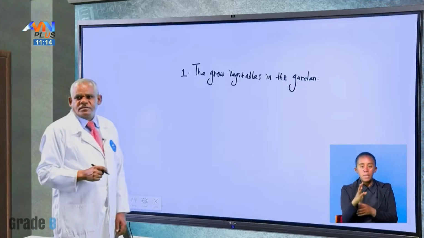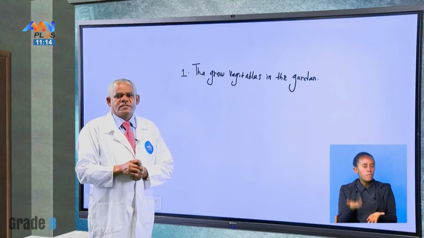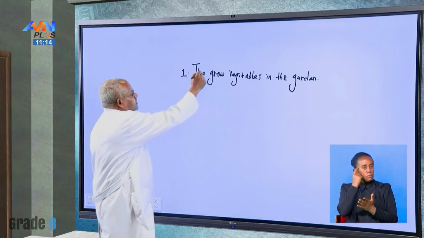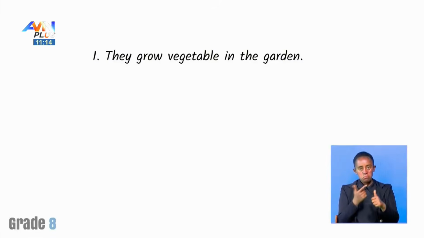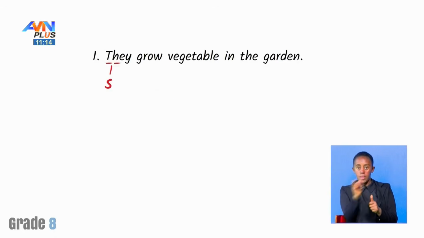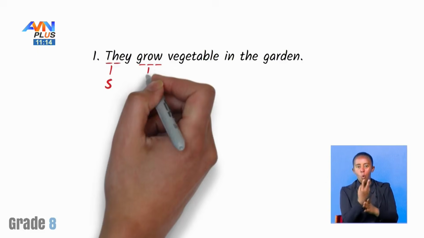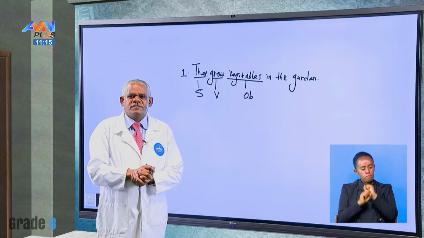Where do you think is the verb? Where do you think is the subject? Definitely, this sentence consists of three parts. They grow vegetables in the garden. They is the subject. Grow is a verb. Vegetables, that is an object. With no object, you can't form a passive sentence.